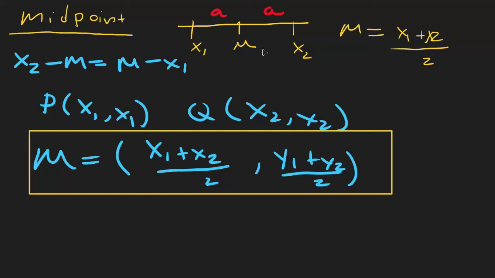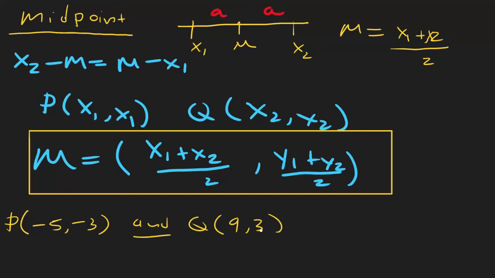Let's say that we have P of -5, -3, and we have that Q is 9, 3. Then in this case, the midpoint is equivalent to the average: 9 minus 5 divided by 2, comma, -3 plus 3 divided by 2.